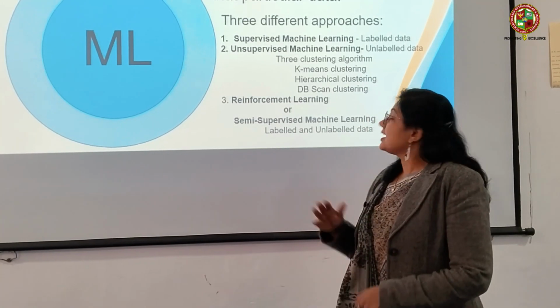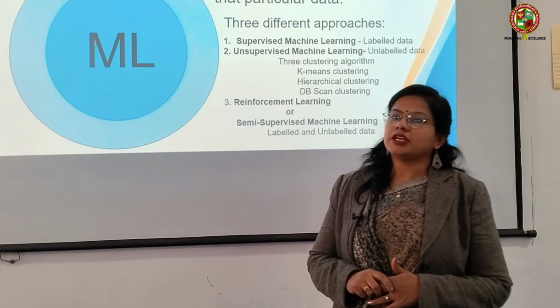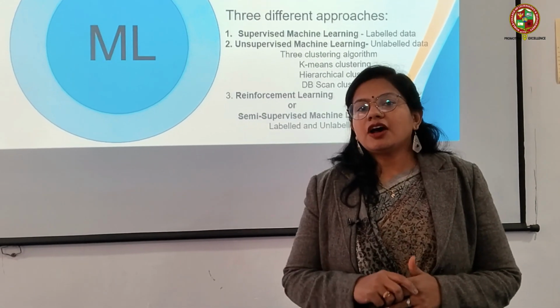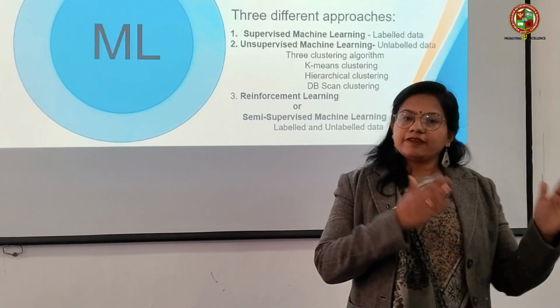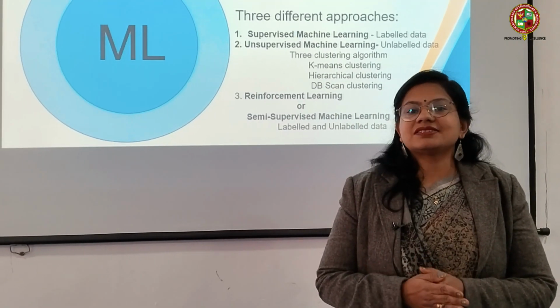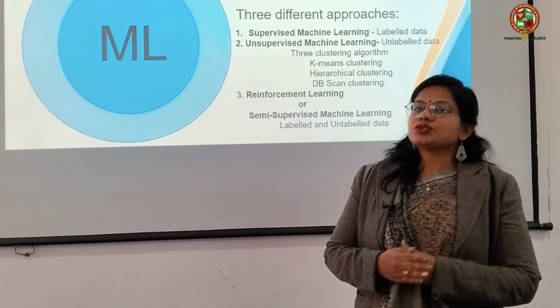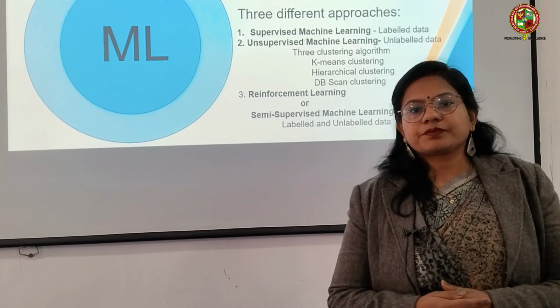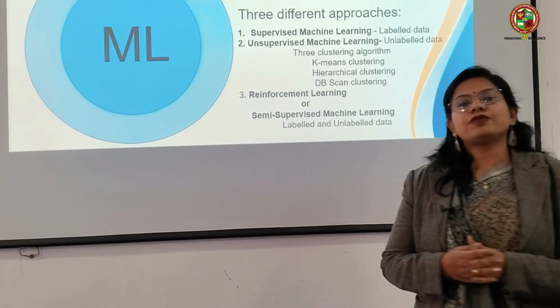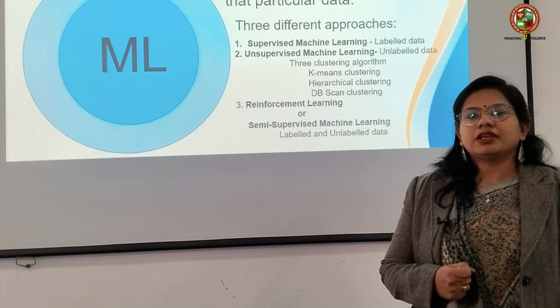First, supervised machine learning. In supervised machine learning, we have labeled data. Means in our input data set, we have input as well as output. With the help of past data or previous data, we are trying to predict the future. So let's take an example of supervised machine learning.